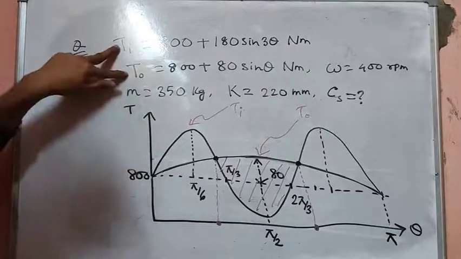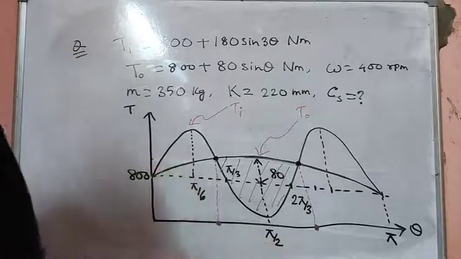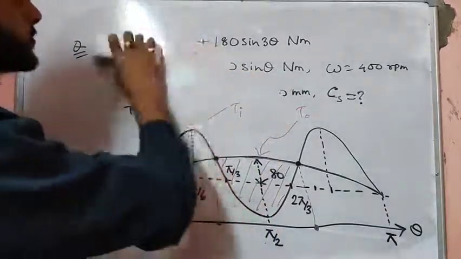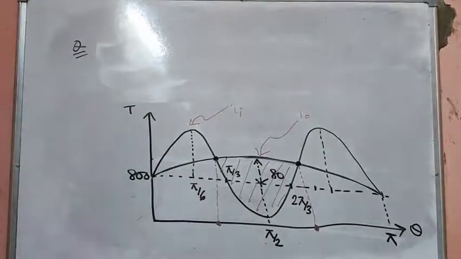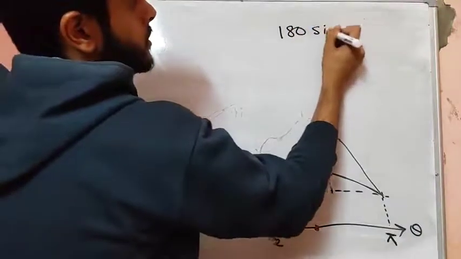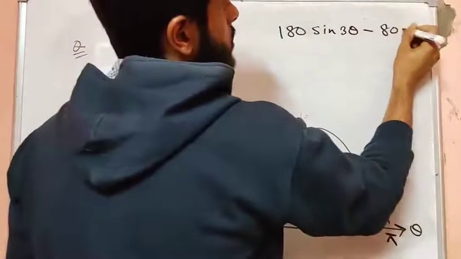We simply equate these two torques to find these two points. T input is equal to T output. So we have 180 sine 3 theta minus 80 sine theta equal to 0.